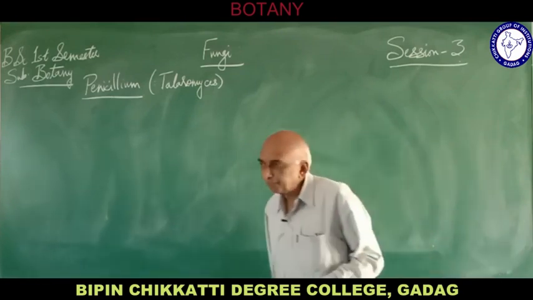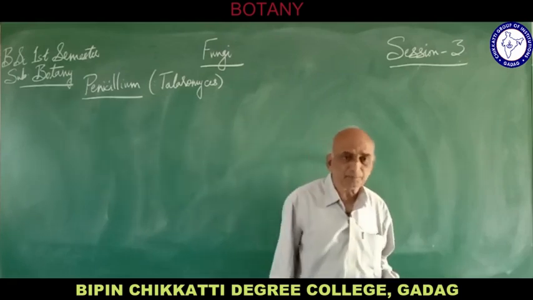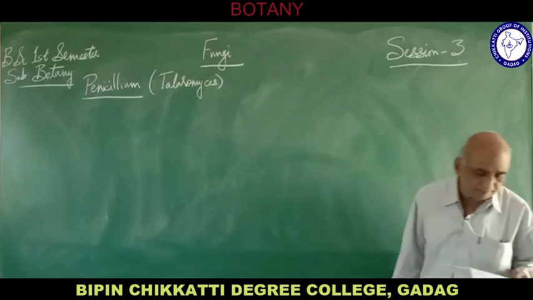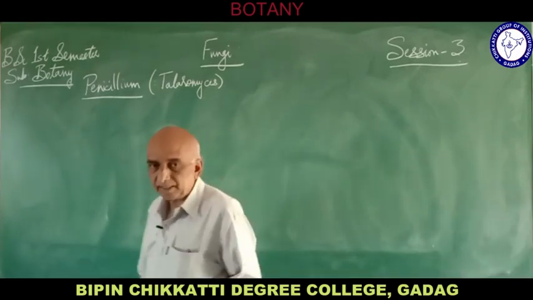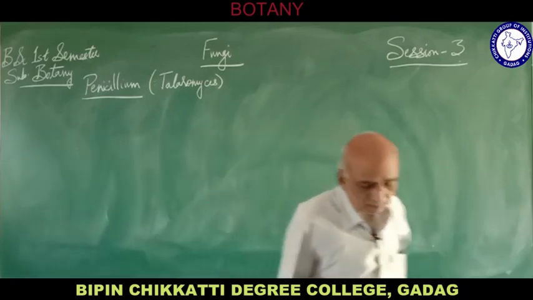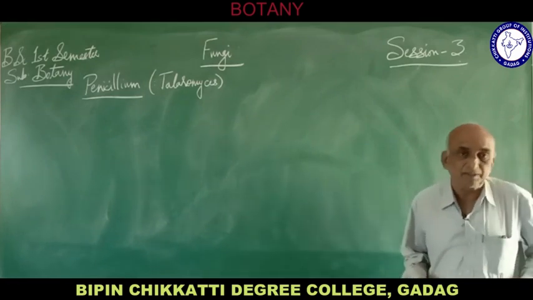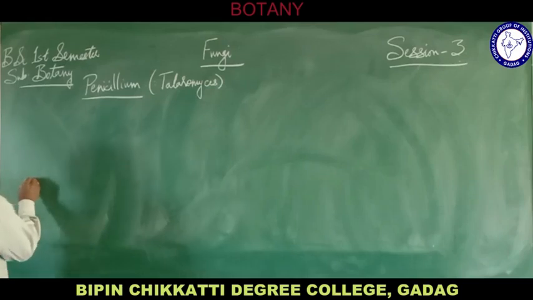So this Penicillium is also made up of hyphae, the hyphae which form the mycelium. When we see the mycelium, it is colorless, slender and tube-like, branched and septate. So the mycelium is septate.